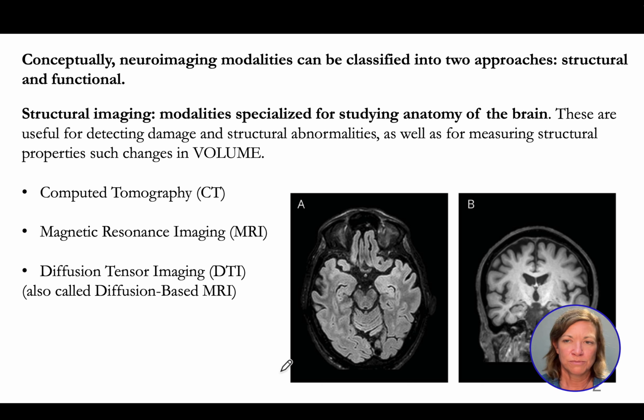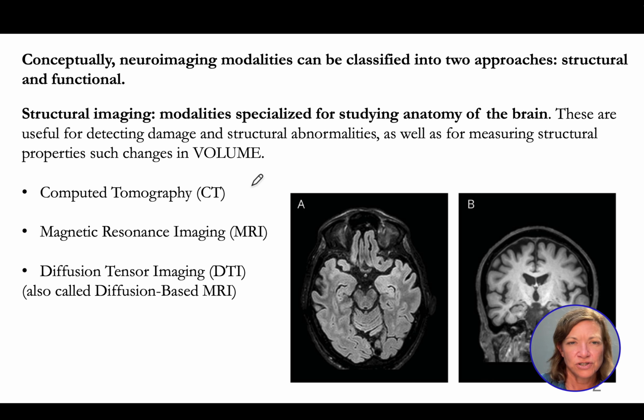And that could be volume of the whole brain, measured between cortex and skull, or volume of specific brain regions like the hippocampus or brain nuclei. Lots of neurodegenerative diseases and psychiatric conditions are associated with changes in volume in specific parts of the brain. So that's one way structural imaging is used.